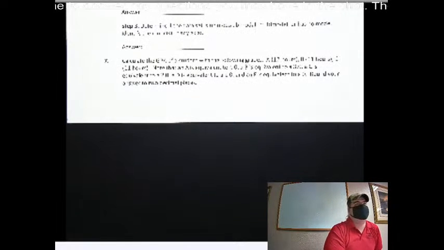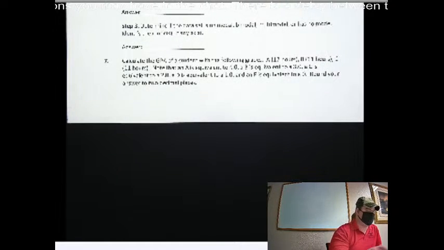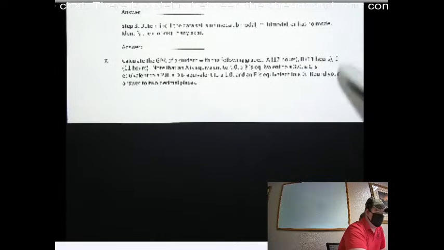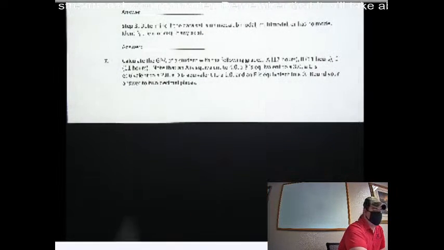It says calculate the GPA of a student with the following grades. An A for a 17-hour course, a B for an 11-hour course, a C for another 11-hour course, and then it gives us the grade breakouts for each of those letter grades. And then it wants us to round our answer to 2 decimal places.